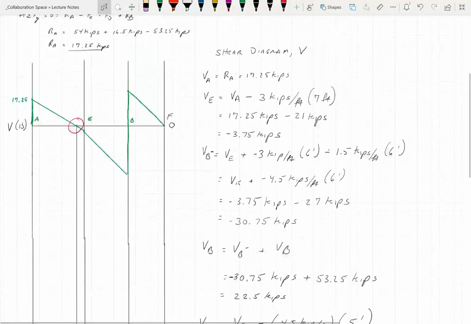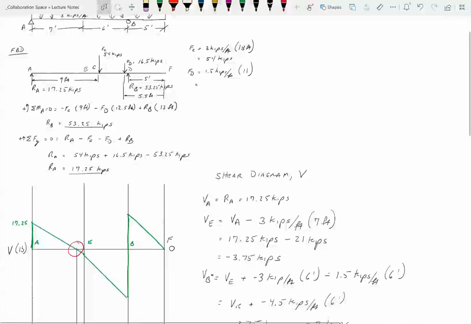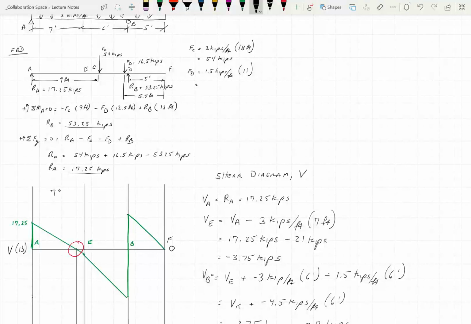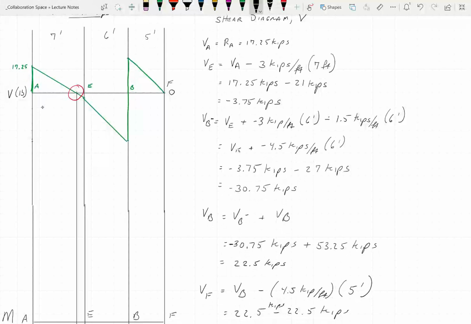So now the interesting thing is we know, I think I'll move some numbers down here. We know that this is 7 feet, this was 6 feet, and that was 5 feet. Okay? What is this distance right there?